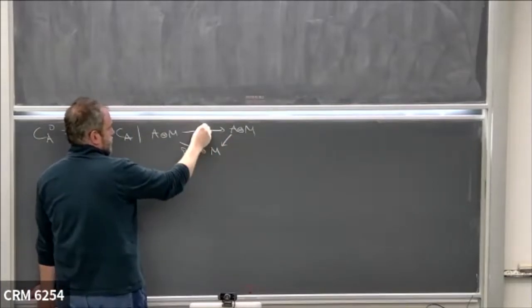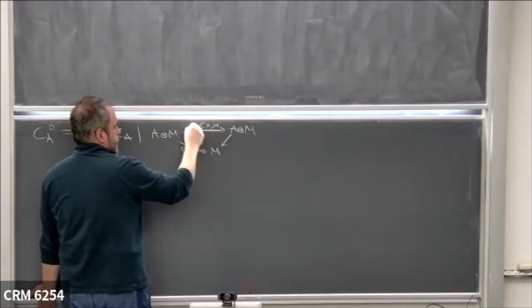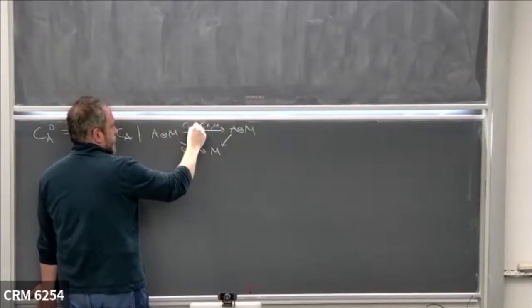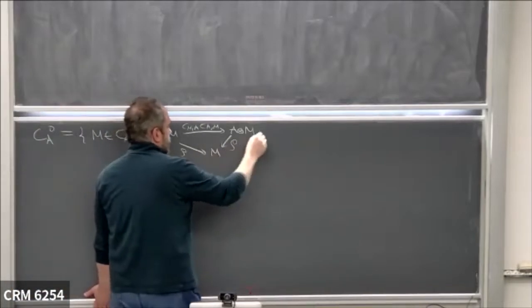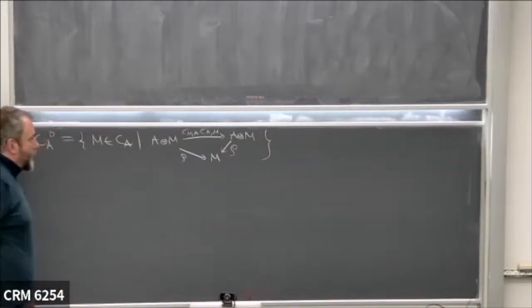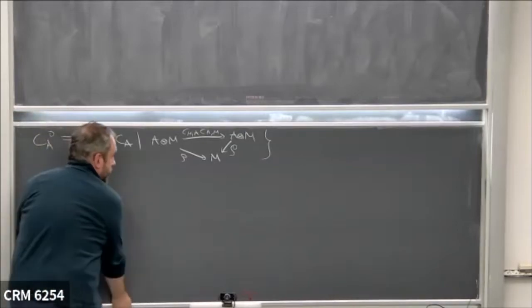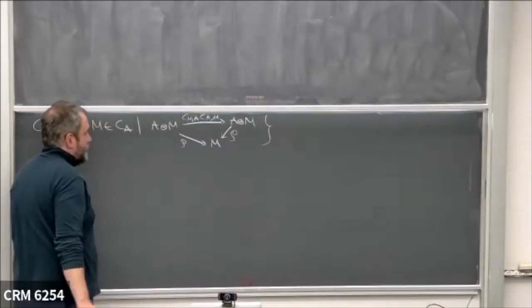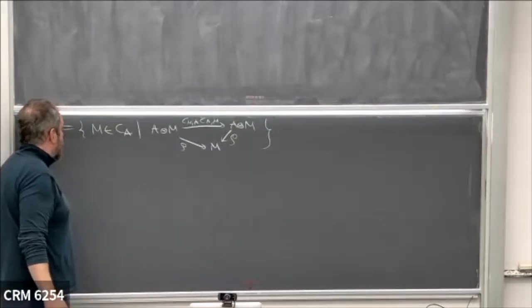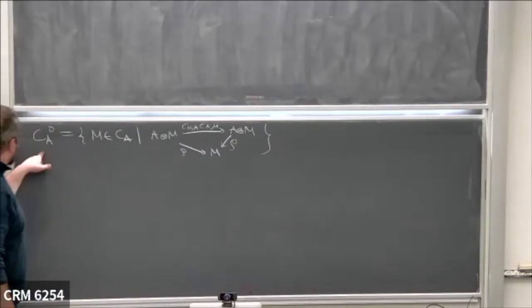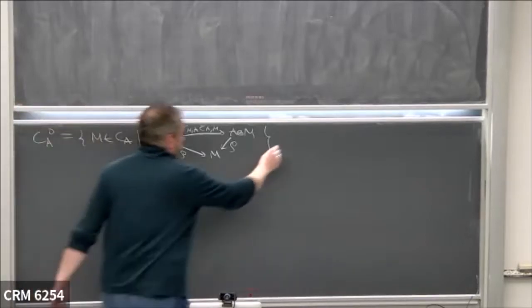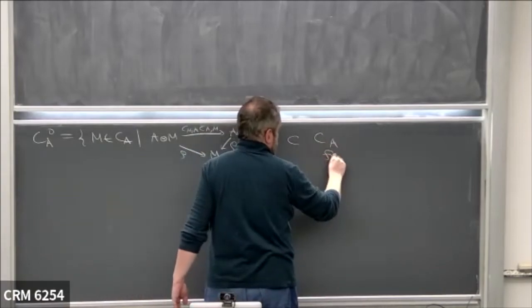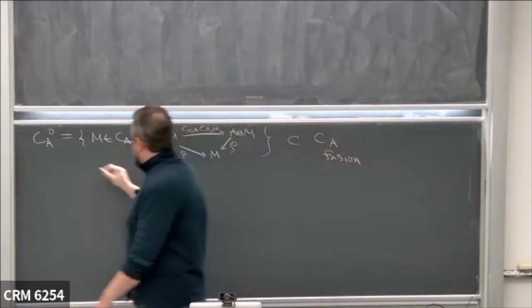So if we square braid A with itself, then the module multiplication does not change. Okay, so you have seen this condition. It's necessary to ensure that you can braid models. So CA here is just a fusion category, and this is a braided subcategory.